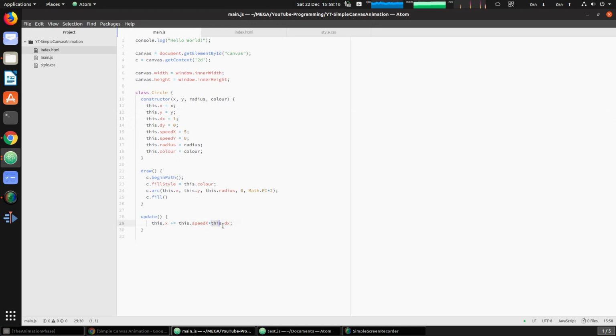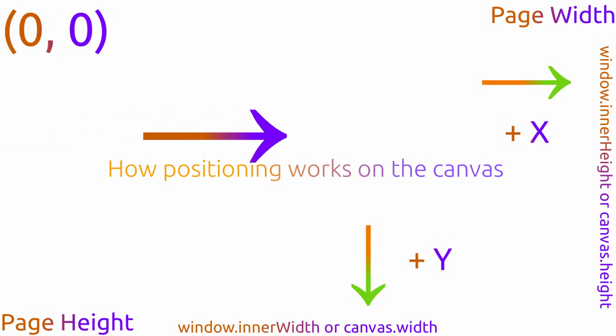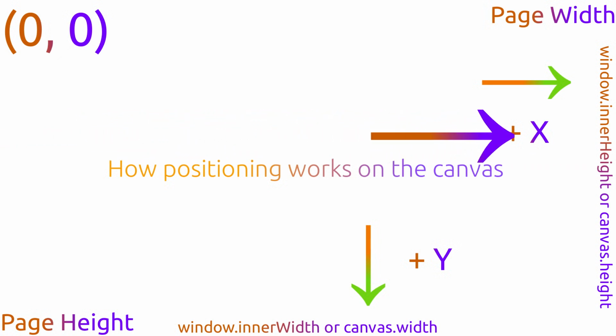So if this.dx was equal to -1, then it wouldn't be incrementing it at all. It would be decrementing it. If we were incrementing, we would be moving right, because 0, 0 is here, so we will move this way if we increment x. If we decrement it, then we're moving closer to 0 or into negative numbers.